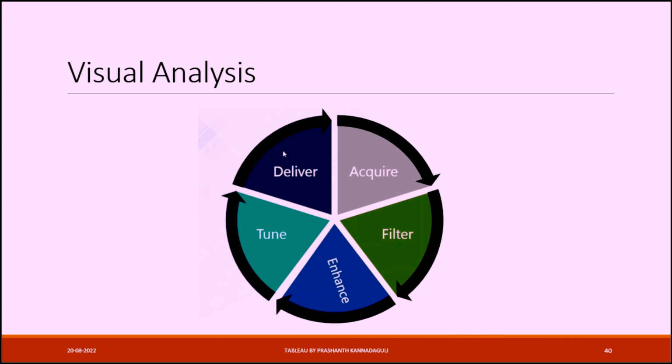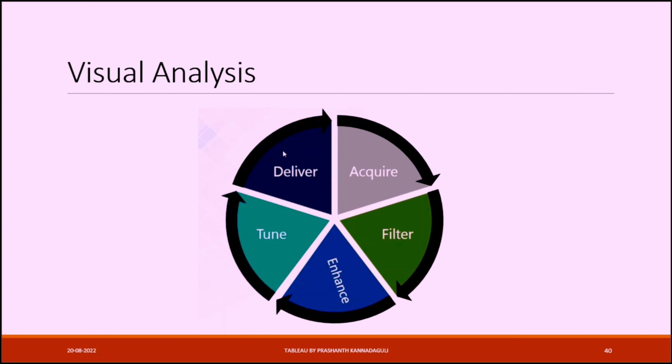You have many resources and many forms available. Choose whichever is the easiest for you to collect, because budget also comes into the picture. I cannot keep wasting money on simply collecting or preserving my data set. So you have to balance: I collect most of my data and don't lose the most important information, but at the same time I cannot waste a huge amount of money on a server. So acquiring is important.